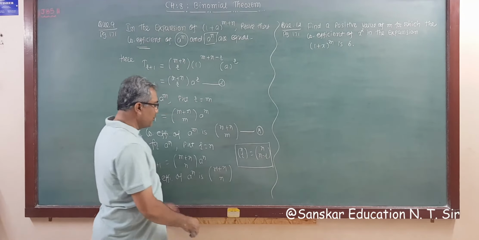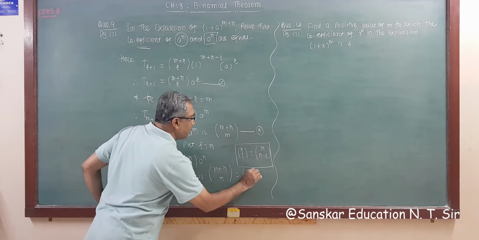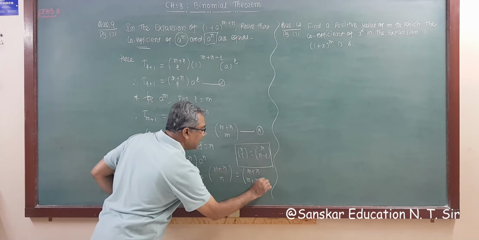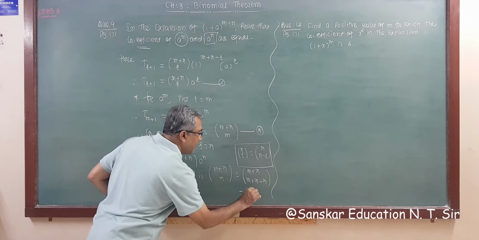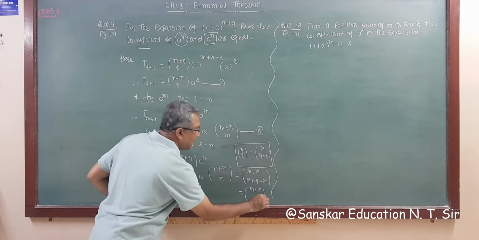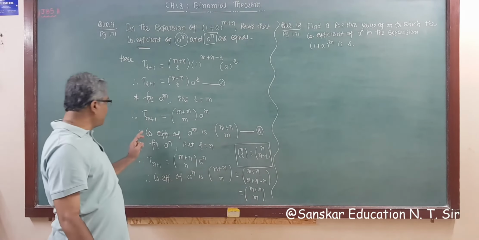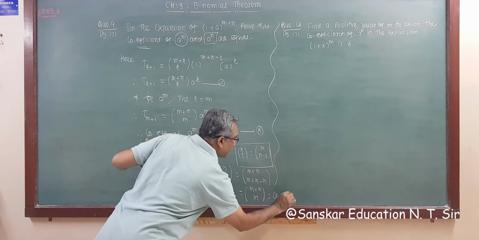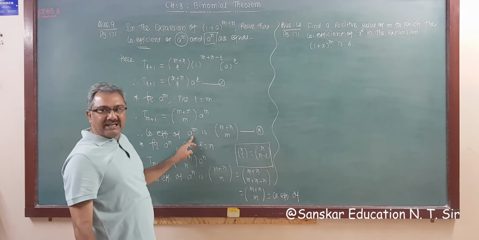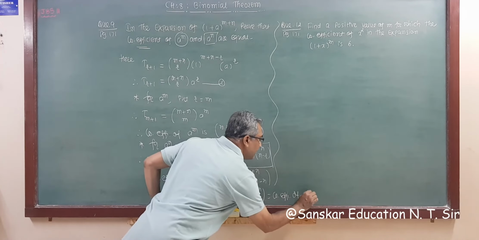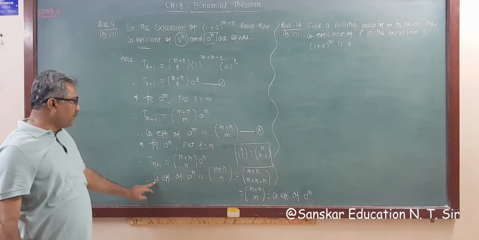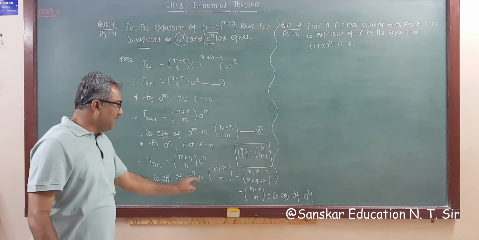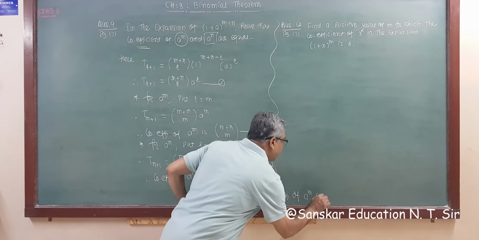If we apply that formula, we get (m+n)C(m+n−n), and n cancels, giving (m+n)Cm, and from A, this is the coefficient of a^m. So we prove that the coefficient of a^n is equal to the coefficient of a^m. Hence this is proved.